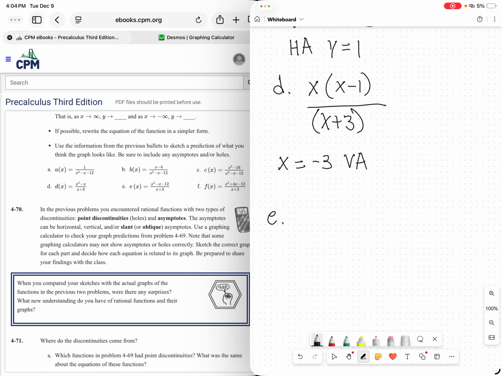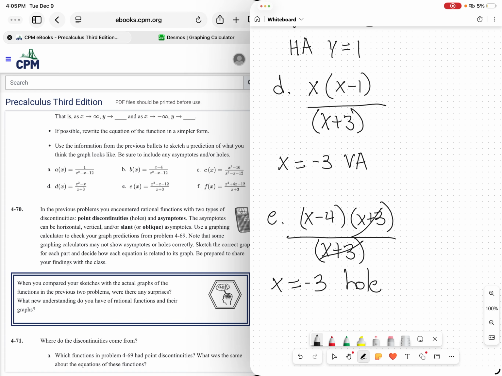You'll have a slant, but you won't have a horizontal, right? So E, you're going to have x minus 4, x plus 3 over x plus 3. Again, that cancels, so that's a hole. So x equals negative 3 is a hole. And then we'll have a slant at x minus 4.